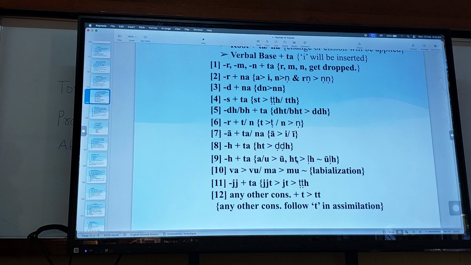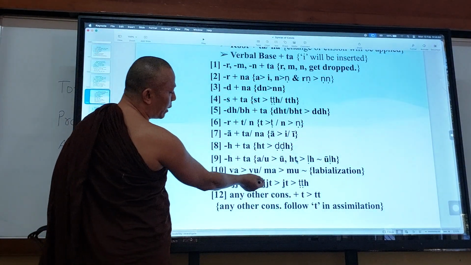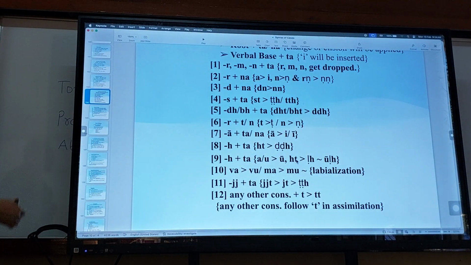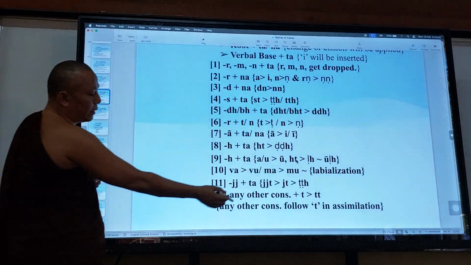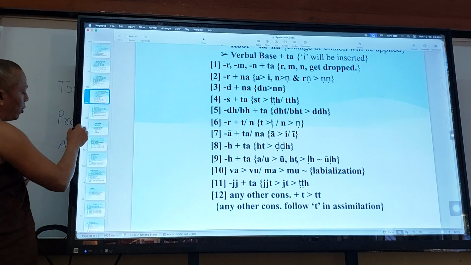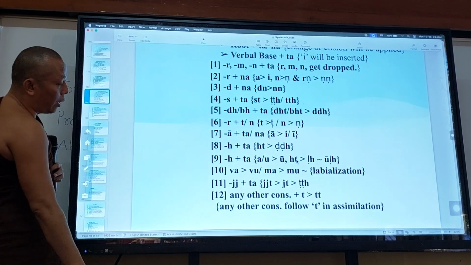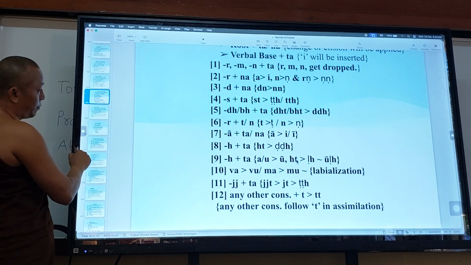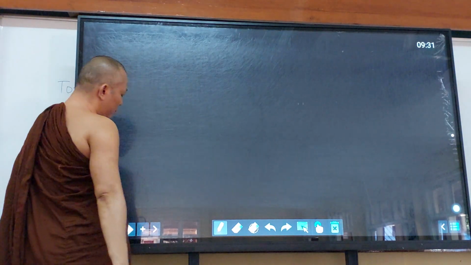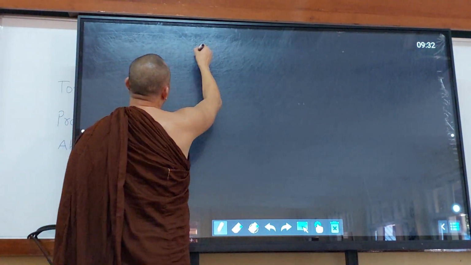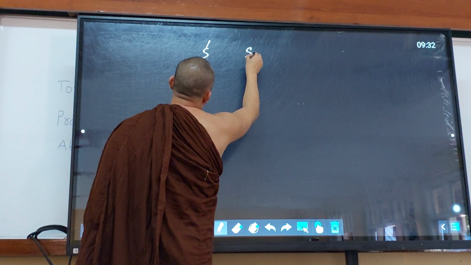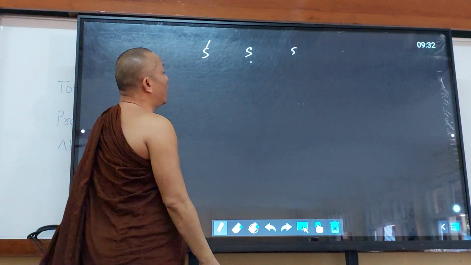And also some special changes. So here ja to da. Commonly it should be ja da become ja or da, but instead it becomes da with the dot. So that one also, that ja is not the original sound. Commonly, there are the sibilants sha, sa and sa in Sanskrit, but in Pali only one sa.